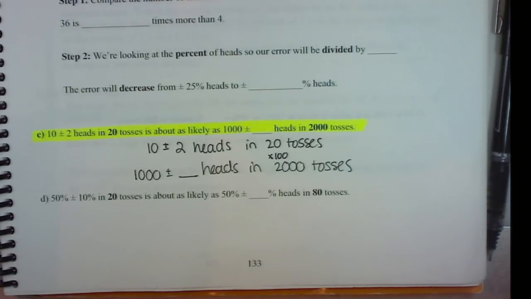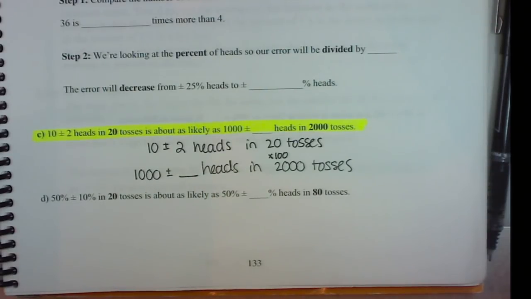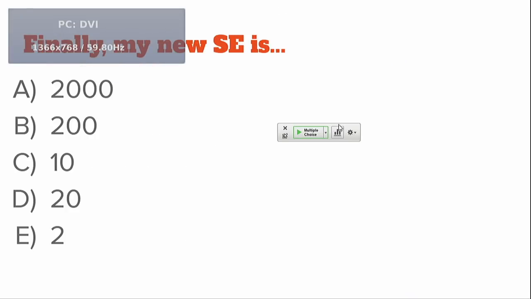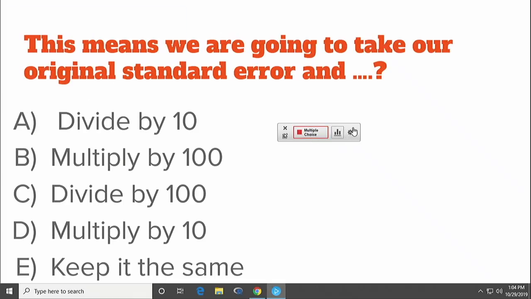I'm going to go back to the question, what do we do to the 2? So I'm not asking what number do I put here, I'm just asking what do I do? How do I get that number? So are we multiplying, are we dividing? And by what?